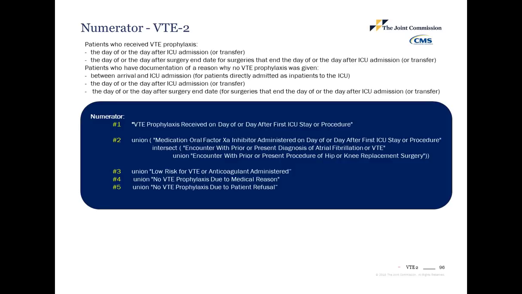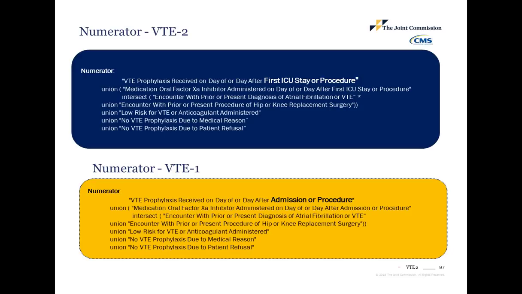Another numerator condition is patients who have documentation of a reason why no VTE prophylaxis was given between arrival and ICU admission, the day of or the day after ICU admission, the day of or the day after surgery end date. And similar to the VTE-1 numerator, these are broken in the definitions out into 5 conditions for the population.